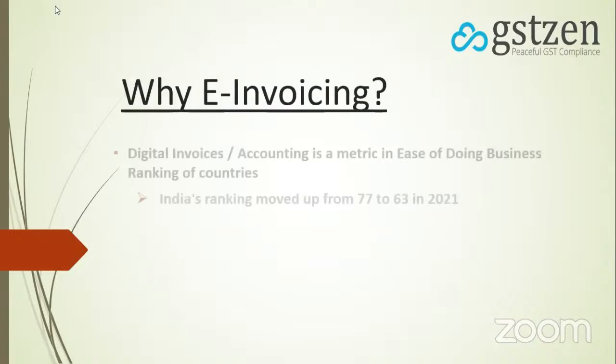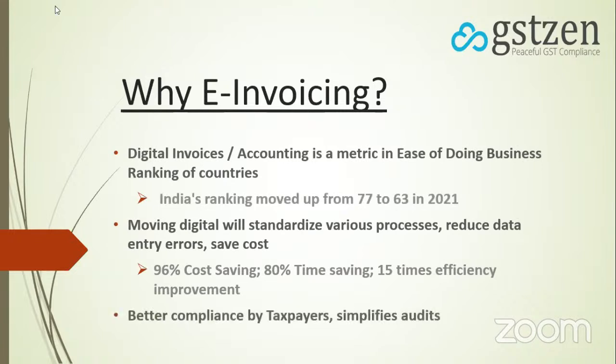Moving on, why e-invoicing? So why has the government brought e-invoicing? As a society, we are going digital. So the government has implemented this going digital in terms of their GST compliance as well.